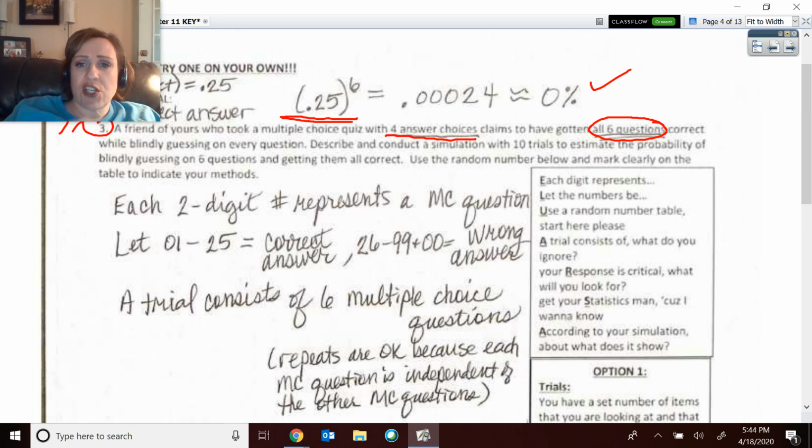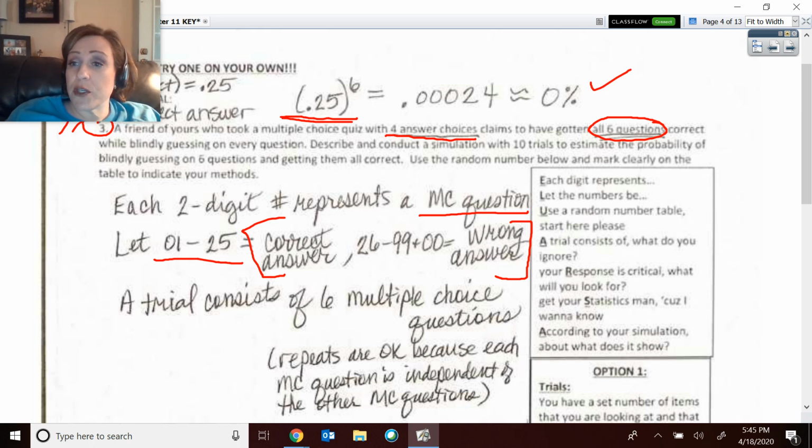All right, so I let each 2-digit number represent a multiple choice question. I let 01 to 25 be the correct answer choice, okay? And then 26 to 99 and 00 were the wrong answer choice. A trial consists of, what do you ignore?